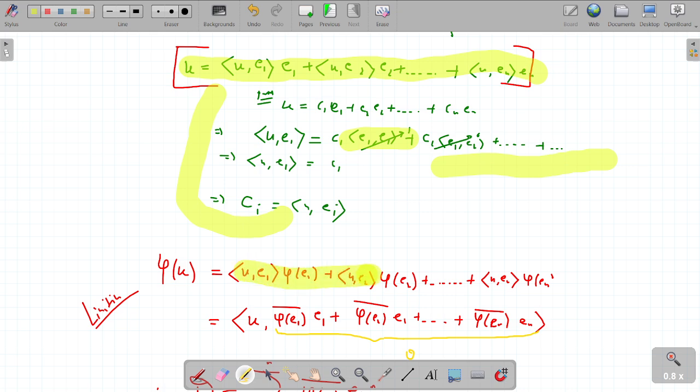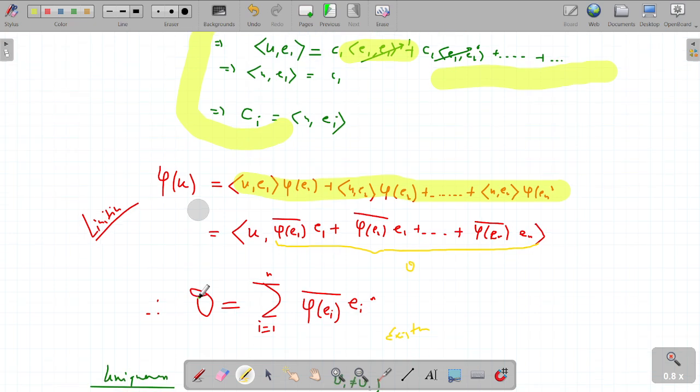Since these inner products are scalars, they just come out, and we are left with the inner product of u comma e1 times phi of e1, plus the inner product of u comma e2 times phi of e2, like this. Now one can easily see that this sum is equal to this sum. You just have to use linearity, nothing else.